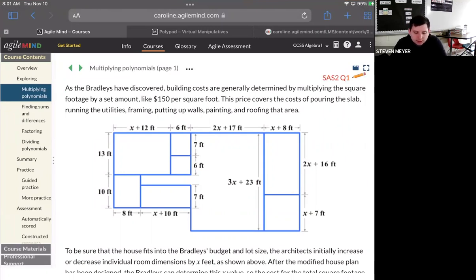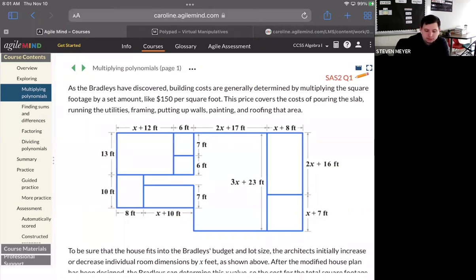As the Bradleys have discovered, building costs are generally determined by multiplying the square footage by a set amount, like $150 per square foot. The price covers the cost of pouring the slab, running the utilities, framing, putting up walls, painting, and roofing that area.